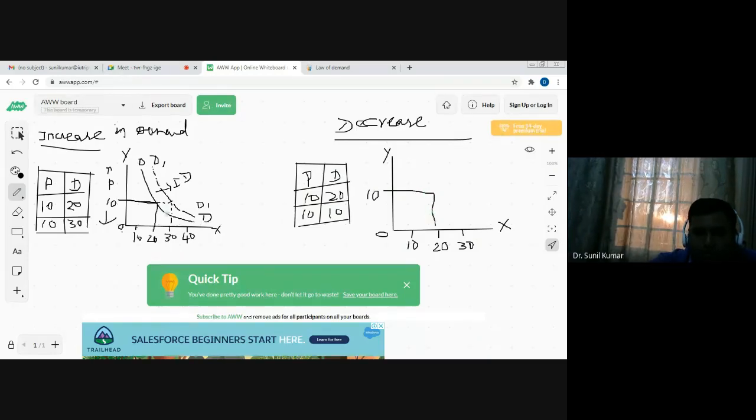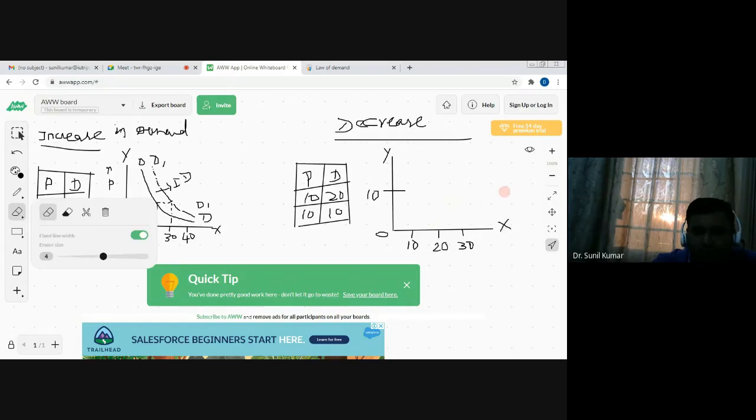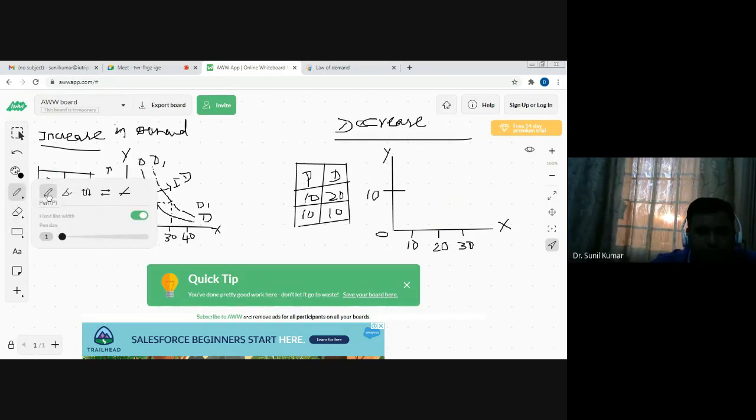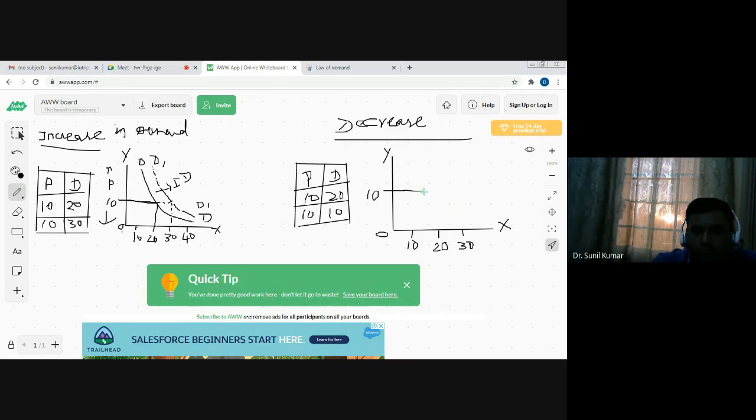Sometimes it's not working properly. Okay, so that will move to this place. One single graph is there, that is known as D, demand. Now what happened at the price of 10? The new curve comes up to here.